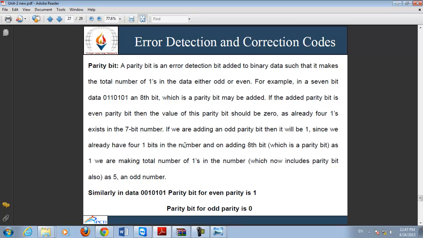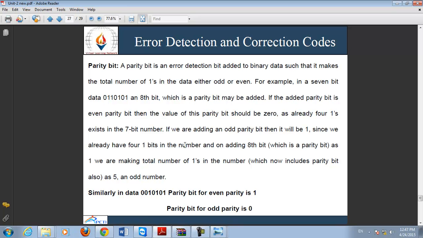Error detection and correction codes. There are 2 types, that is parity bit and Hamming code. But what is the difference between parity bit and Hamming code? Parity bit is used to detect only 1 bit error.